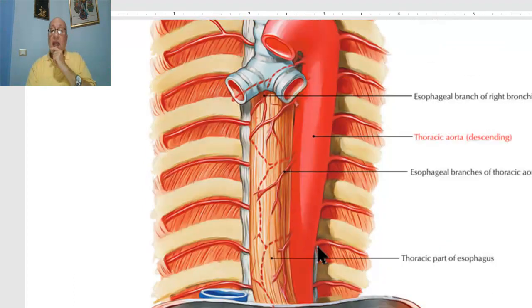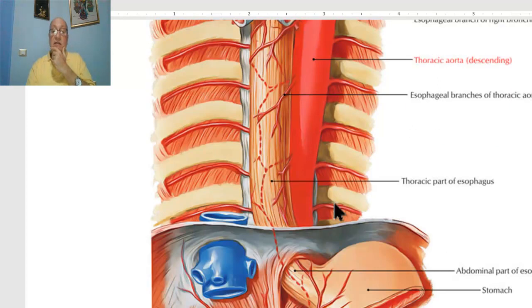But at the lower end of this groove related to the left lung, it is replaced by this groove, which is the terminal part of the esophagus. Therefore, on the left side, there is left lung and left pleura. At the lower end of the aorta, it becomes related to the esophagus.